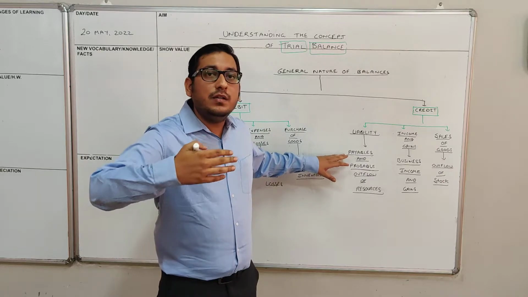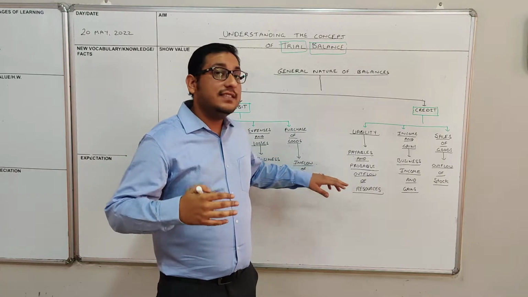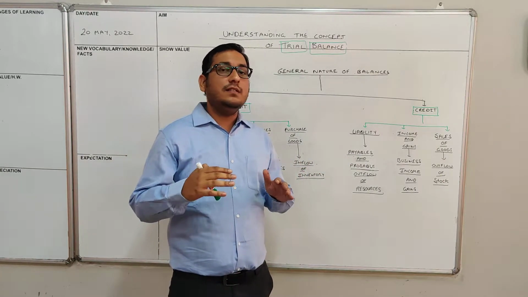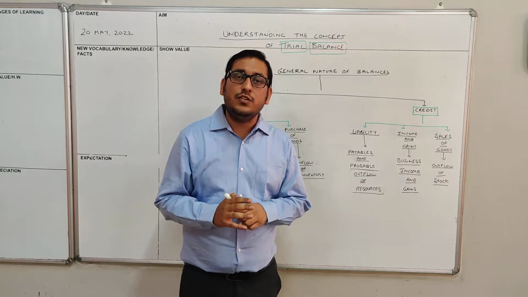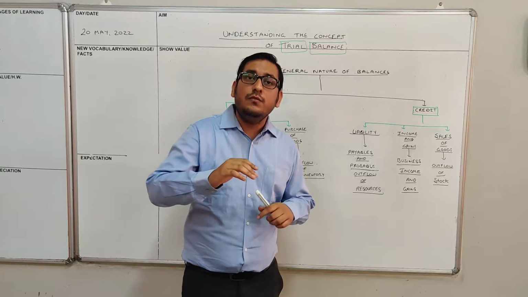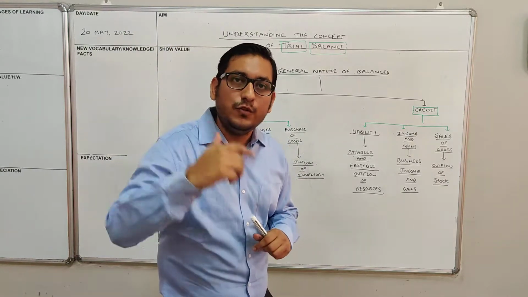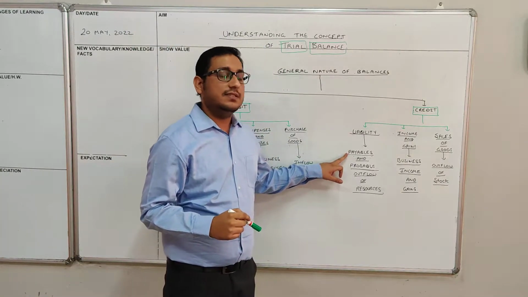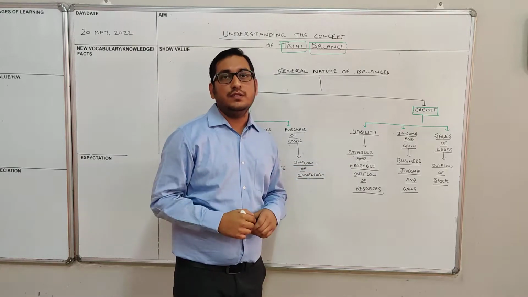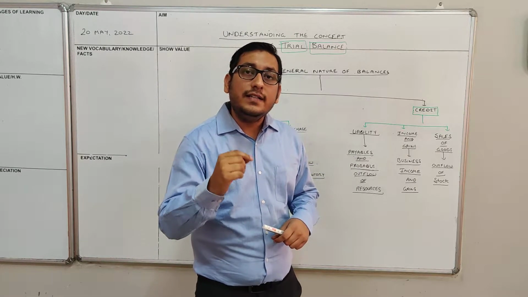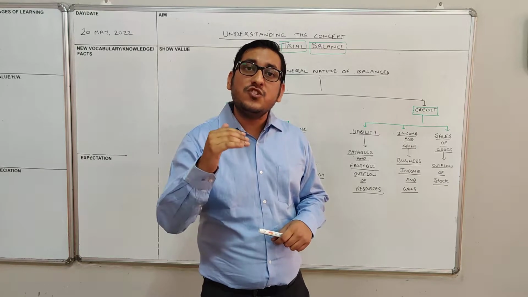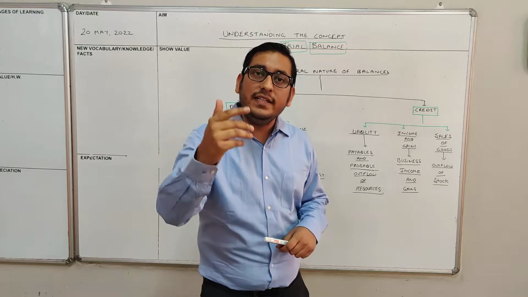Liability means the payable. That is, a liability means everything which is not under the entity's control, or we need to pay someone in future. That means payables, and a probable outflow of resources. It is always probable. Probable means the chances of getting an outflow of money is more.